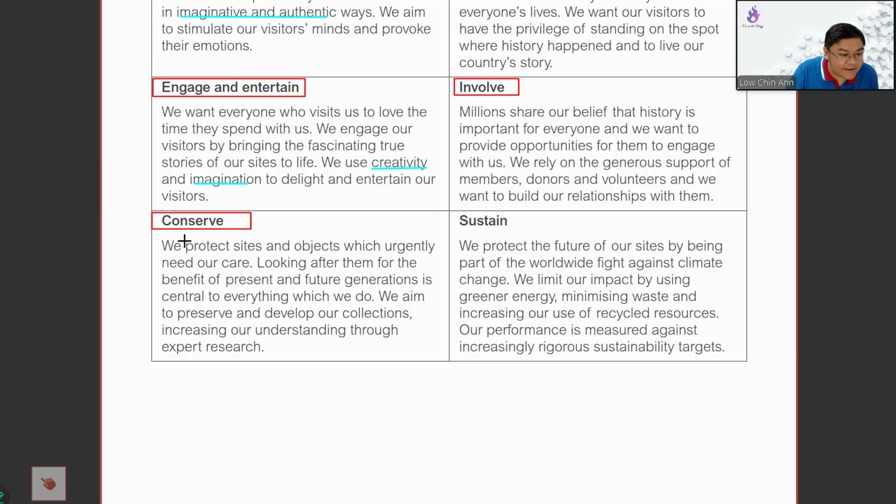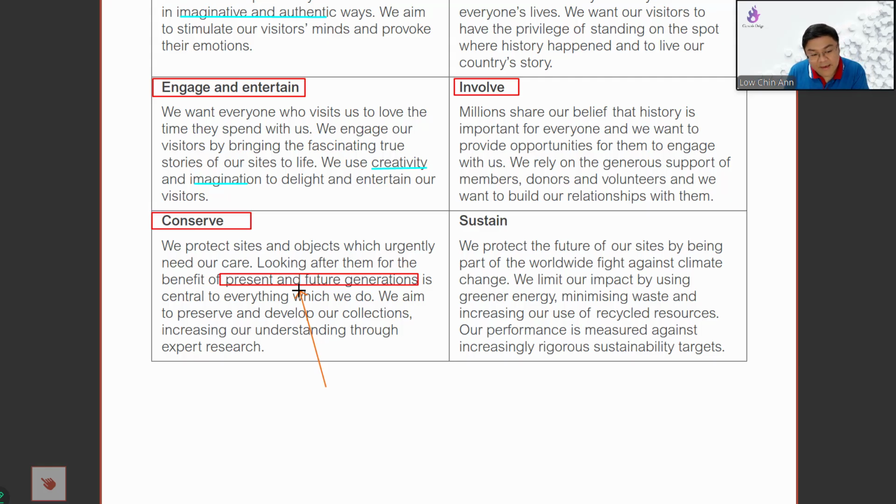Conserve. We protect our sites and objects which urgently need our care, looking after them for the benefit of present and future generations. And that is the key theme of sustainability. What is the meaning of sustainable development? It is how the present generation meets its needs without compromising the future generation's ability to meet theirs.